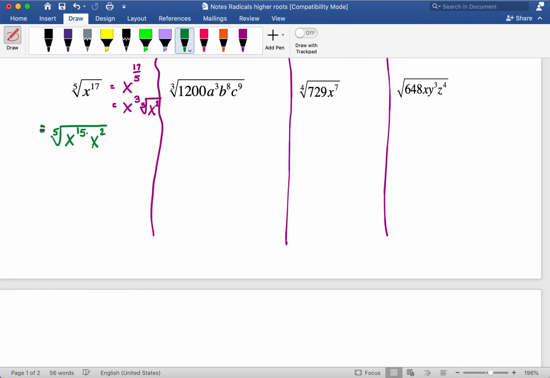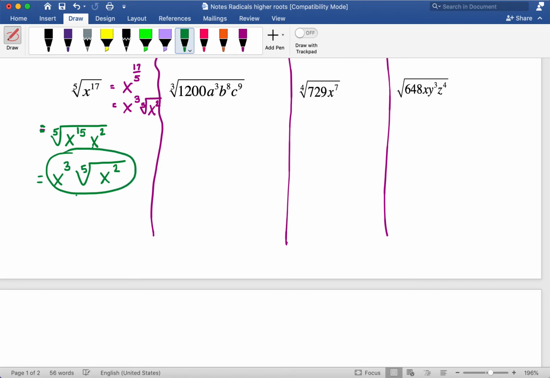Remember, these have to add up to what's originally in there. And then I could do my power over root. 15 over 5 is 3. So x cubed comes out. This stays in because 2 is not divisible by 5. So this is multiplied by the 5th root of x squared, which we saw up here. It was x cubed times the 5th root of x squared.